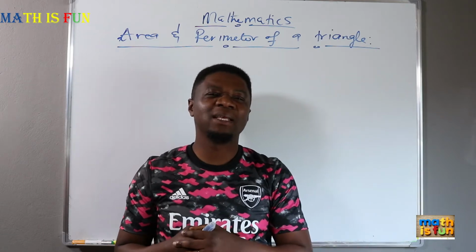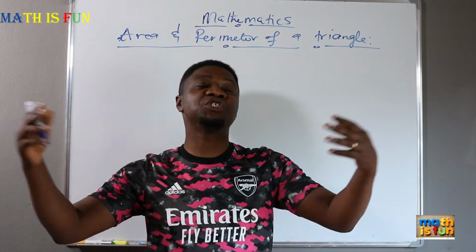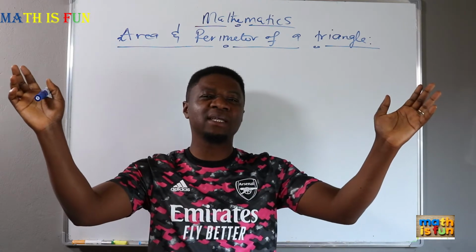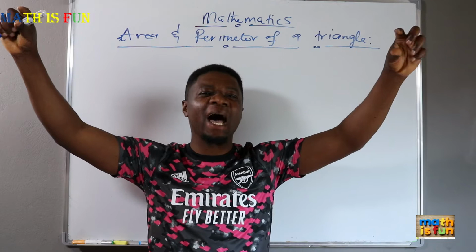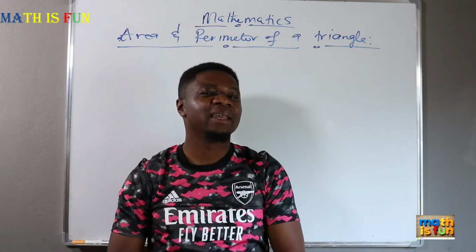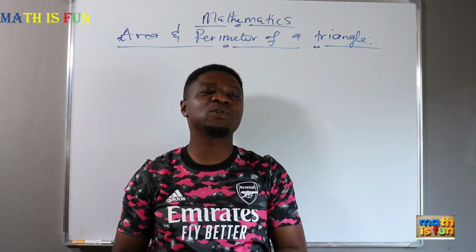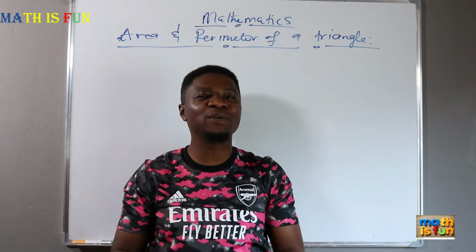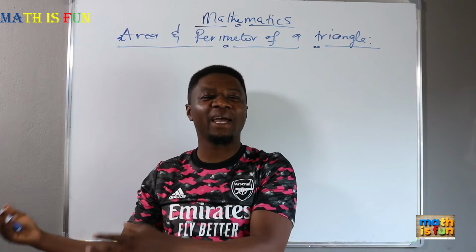In some ways we have obtuse triangle. That means that one of the angles is an obtuse angle, the others are acute angles. Then we have a triangle that has all the angles to be acute angles. So we say acute angled triangle.